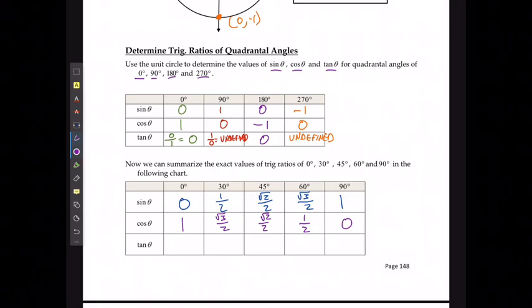For tan, unfortunately, it is not as simple as the other ones. You just have to divide them out or remember them. It starts at 0, then it goes to root 3 over 3, then to 1, then to root 3, then to undefined.